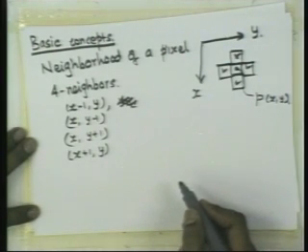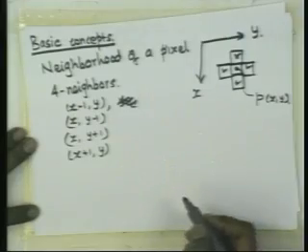Now I can also have another type of neighborhood, which is the diagonal neighborhood.